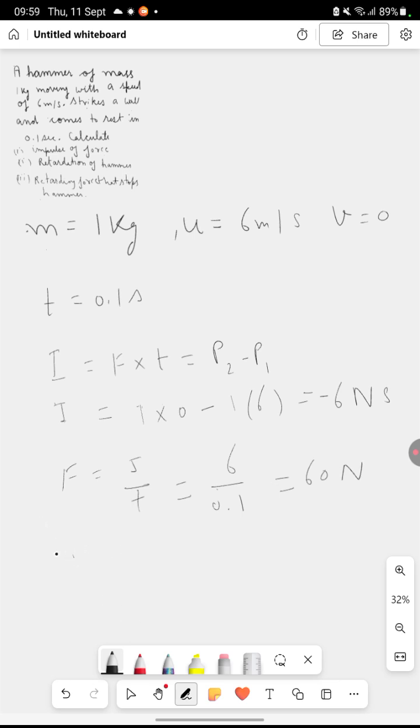We know force is ma, and this is 60 Newton. Mass is given, so acceleration will be 60 upon mass 1, which is 60 meter per second square. This was the numerical about impulse.